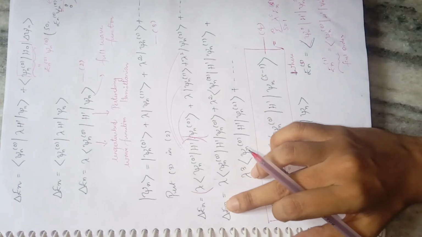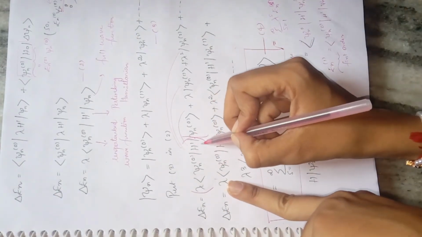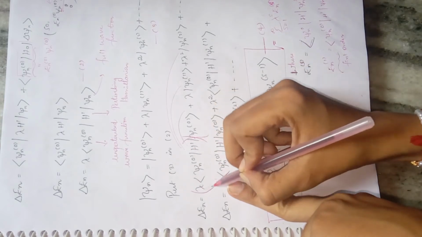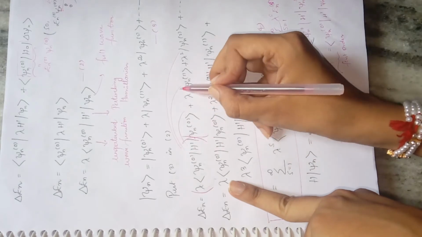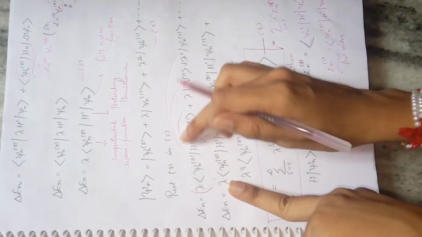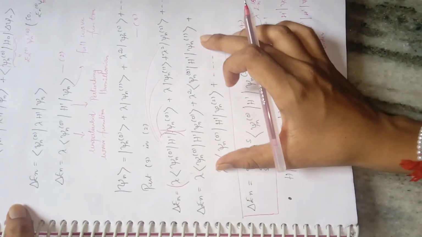Now delta En is equal to lambda into, multiply this whole term lambda psi n naught H dash with each term, psi n naught, psi n1, psi n2. Multiply with each term, and you will get this particular equation.